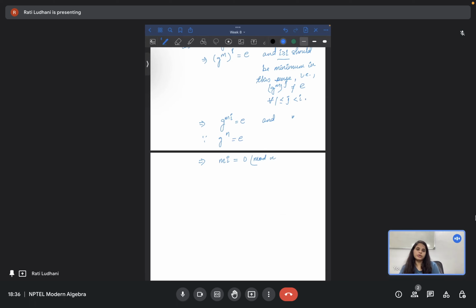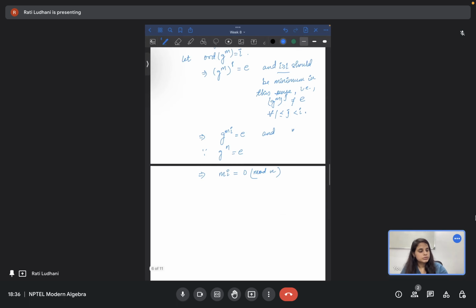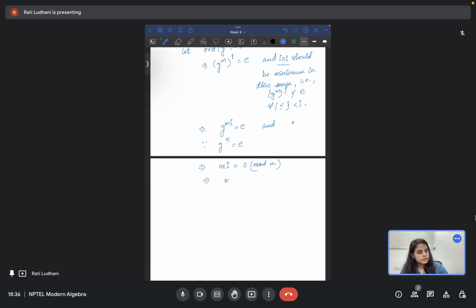So what does that mean? Okay, I'll write it. That is mi should divide n, or the other way around, n should divide mi. So since you know g raised to power n is equal to identity and n is the minimal in that sense, n should divide mi, right? mi should be equal to 0 mod n.